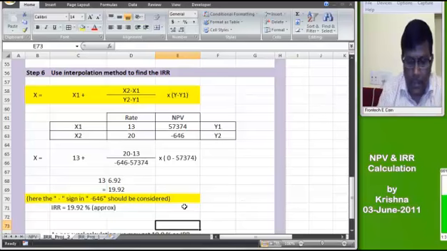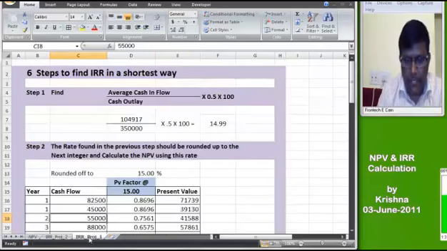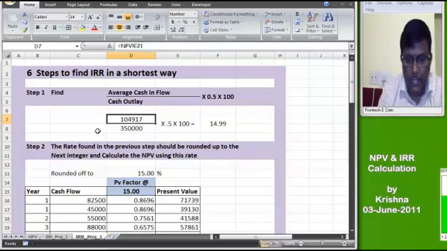Okay. In the same way I have done it for project 1 also. You can take note of this. First we identify average cash inflows divided by cash outlay, which gives a percentage. In the second step we round off the percentage found in the first step.